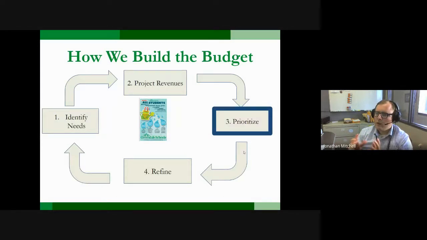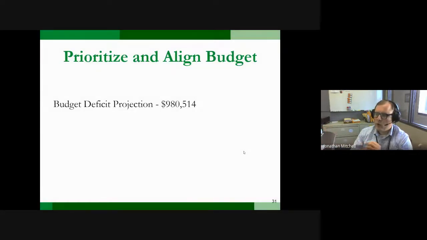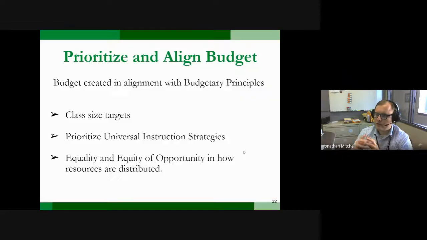Third area, we then are working through the prioritization of our budget. And so we know we have a current budget deficit of $980,514. So to tackle this, thinking about our budgetary principles, here are three of those principles.